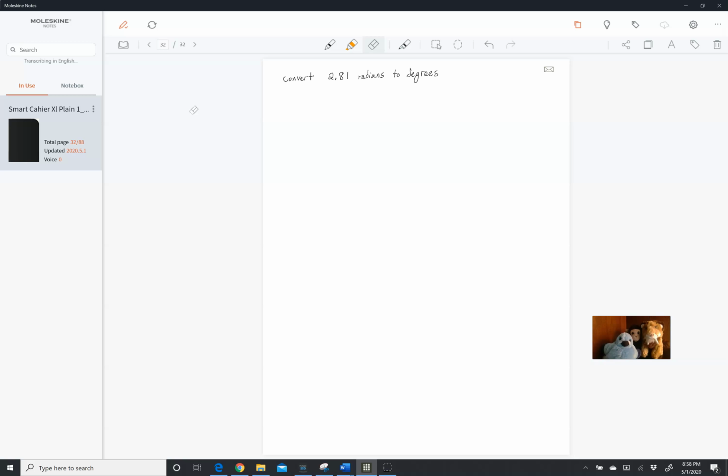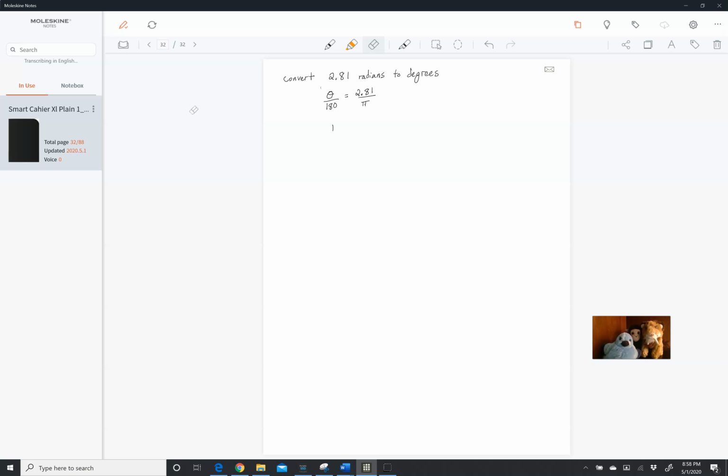Okay, so once again, we're going to set up our part over whole. So the angle in degrees is unknown. So notice we're using theta because that's like a variable for angles. So theta over 180 is equal to 2.81 over pi. We can cross multiply here.